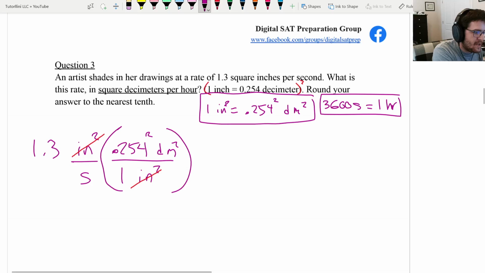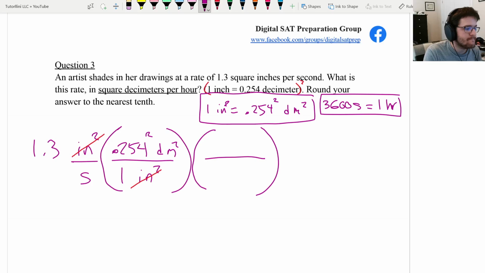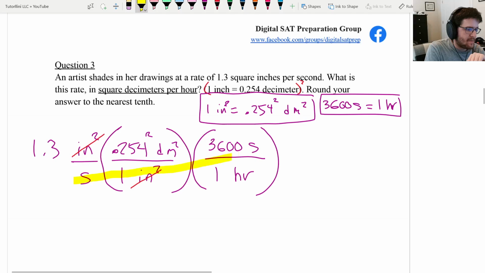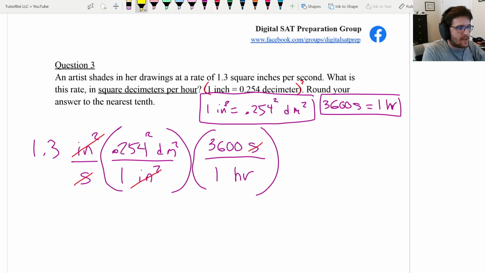So we're going to set up another unit conversion, and we're going to put 3,600 seconds on the top and 1 hour on the bottom. Let's double check. Are they on opposite sides? Yes, they are. So we can cross out the seconds now, and we are left with decimeters squared per hour, which is what we want.